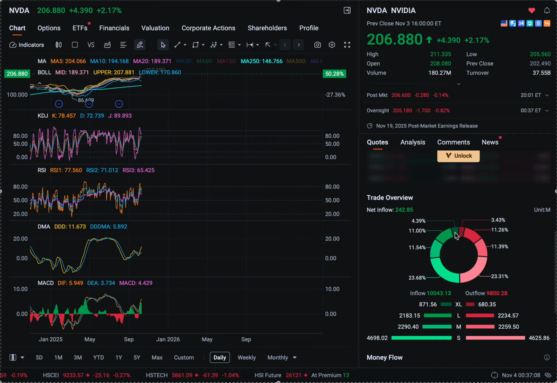And the XL, the big ones, also have inflow more than outflow. So I guess you don't need to be in a rush to sell NVIDIA right now. There might still be opportunities for some more upward movement for now.